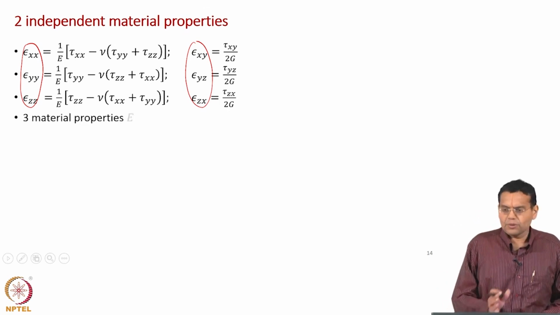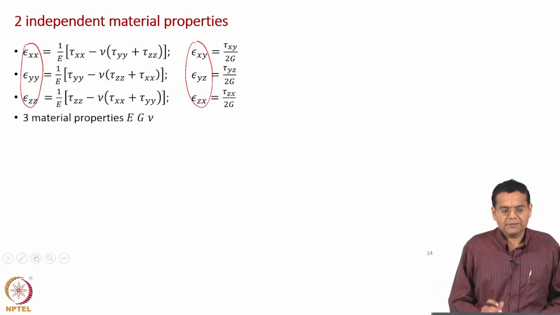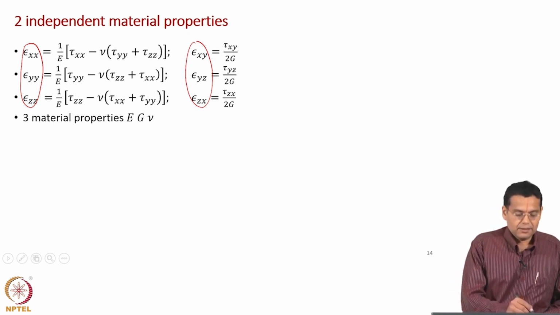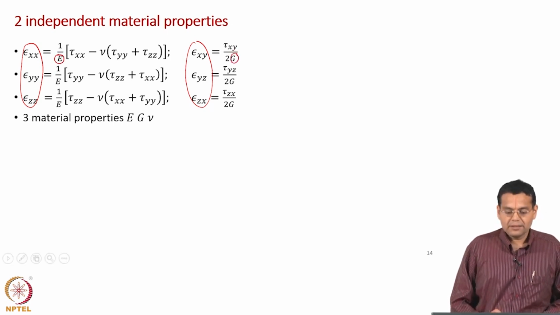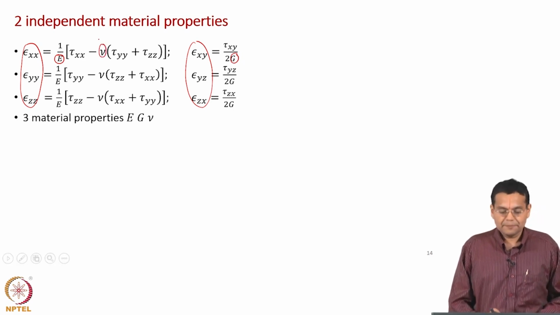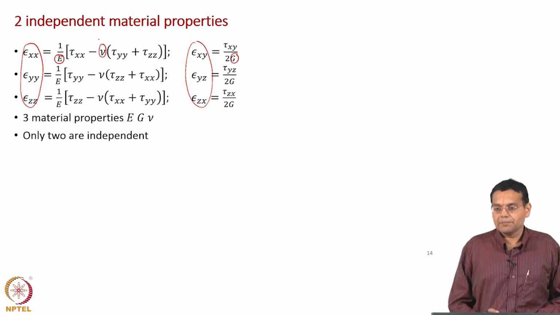Now, if you look at the equations and even the way in which we have discussed, there are three material properties. What are they? The Young's modulus E, the shear modulus G, and the Poisson ratio nu. There are three material properties, but only two of them are independent.